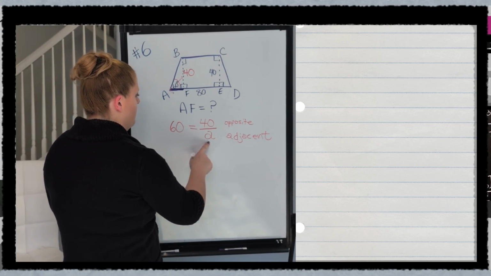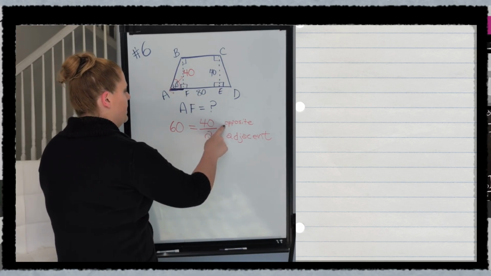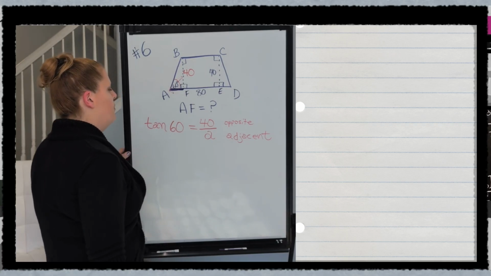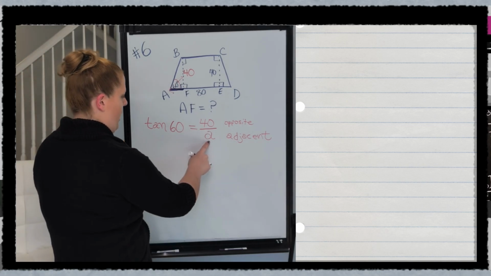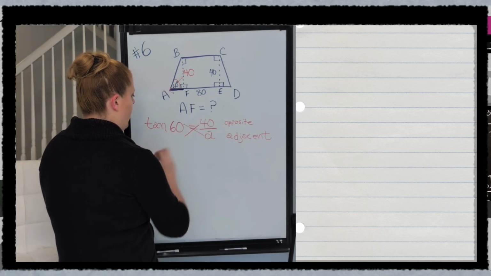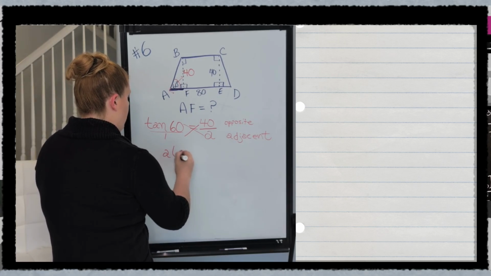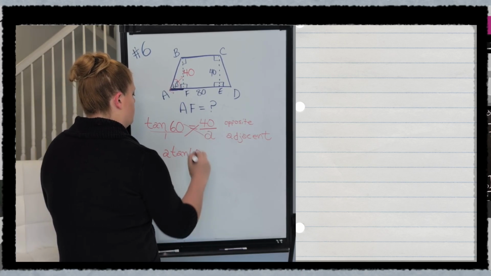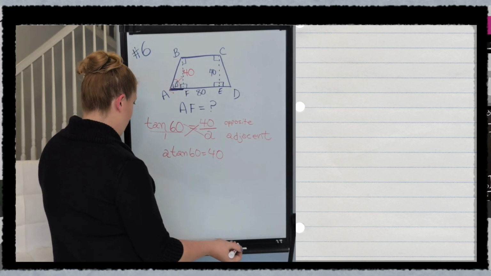And now, since I have opposite over adjacent, that is tangent. Tan is opposite over adjacent, and I want to solve for A. So cross multiplying would probably be our best bet here. I have A tan of 60 is equal to 1 times 40, which is just 40.